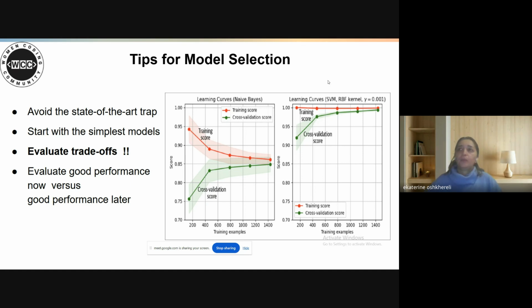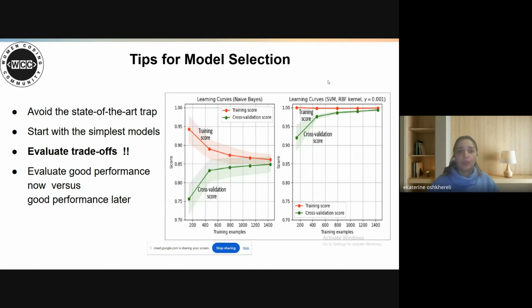So we have to decide based on what kind of task we have: is it better to reduce false positives, which can lead to increasing false negatives, or vice versa?